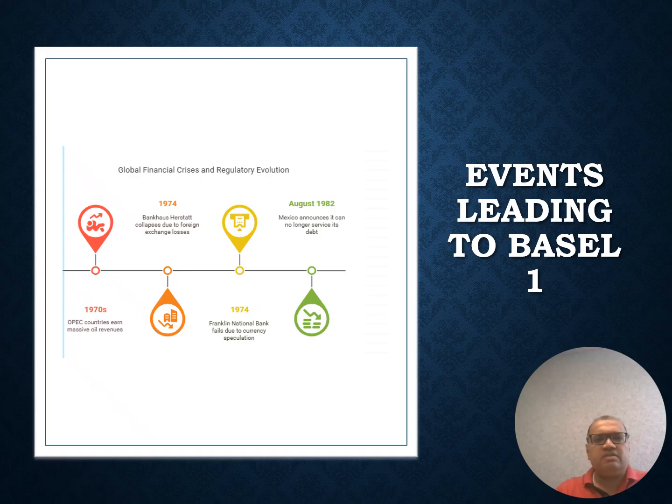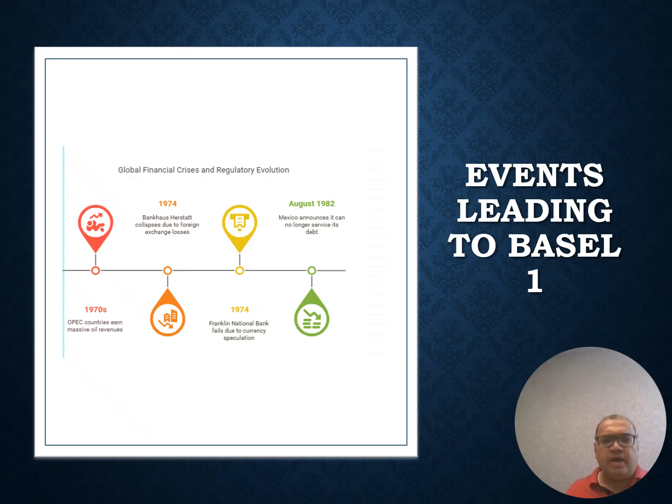In 1974, you had the first major bank failure, Bank Herstatt, a German bank that collapsed due to settlement risk, the third party risk, wherein they gave the Deutsche marks but did not get the US dollars. It was one of the first biggest bank collapses that took place.